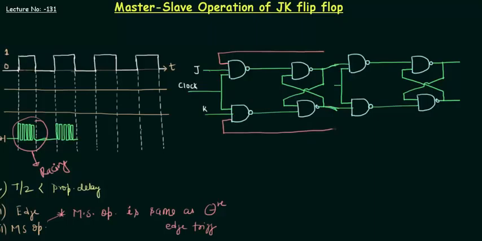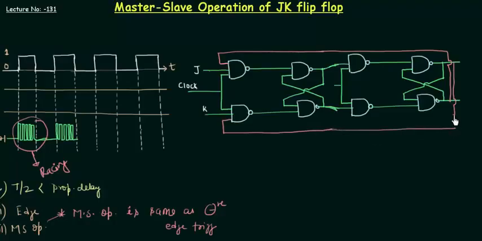And now let us connect the feedback to the output of this stage. So instead of having this input to this gate from the output of the first stage, we have connected the feedback to the output of the second stage. This is an important thing in a master slave flip-flop.